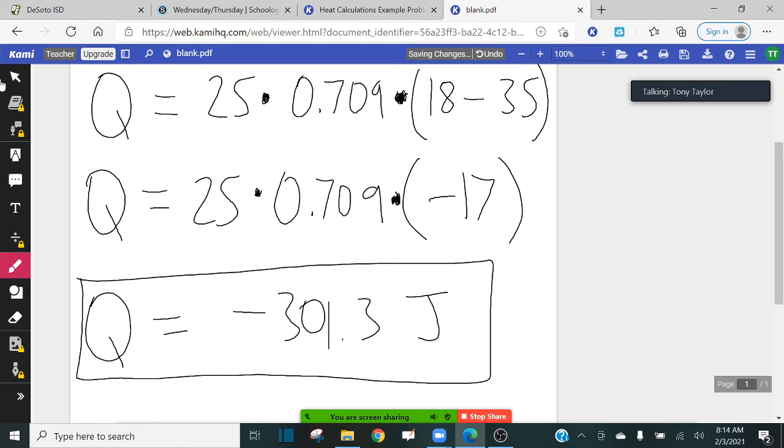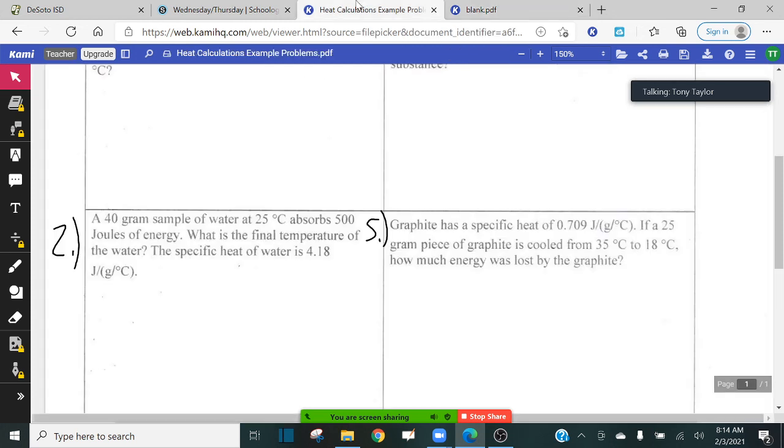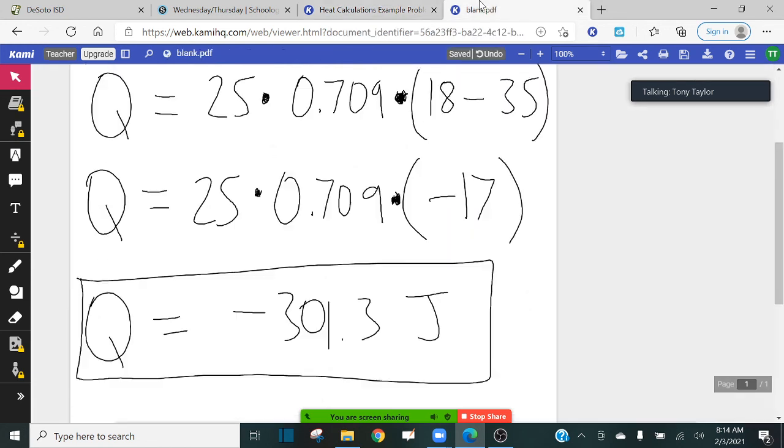So hopefully, guys, it makes sense to you why Q is negative. Q is negative because we lost energy. Since the graphite lost energy, Q has to be negative. Okay, and that's exactly what we find here.